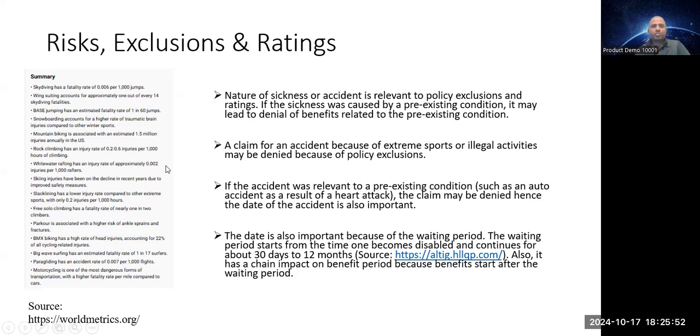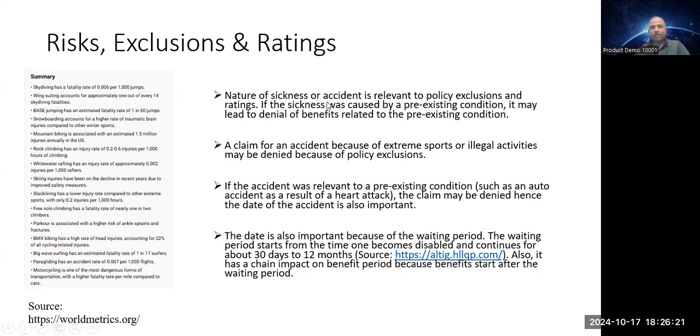One of those extreme sports might be skydiving, for example, or rock climbing. So should you involve yourself in one of these sports, and if you do get disabled, unfortunately, it is considered an exclusion, for which reason you won't be receiving any type of coverage whatsoever.